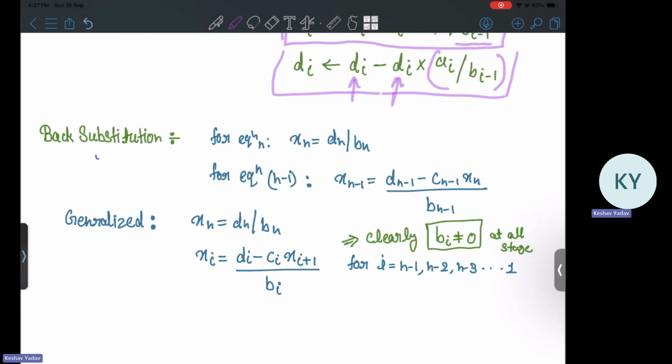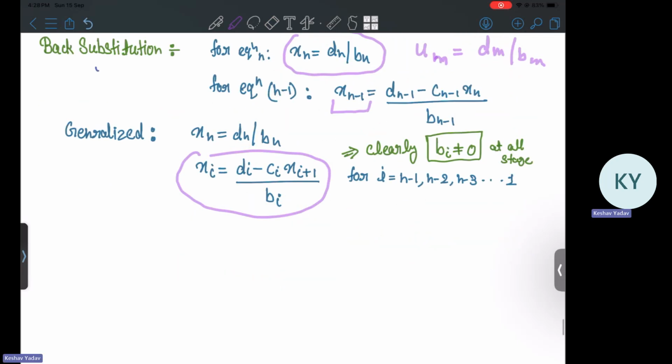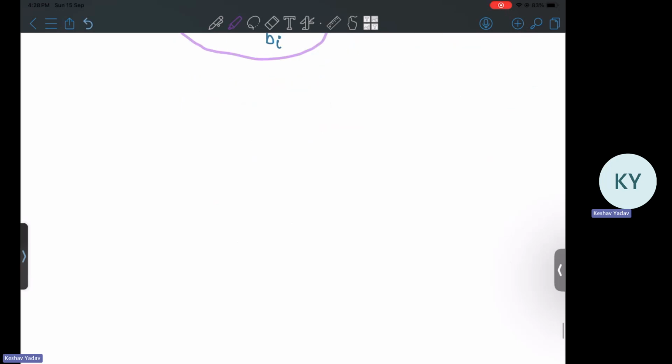In back substitution, the last unknown u_m will be equal to d_m divided by b_m. And the others, x_(n-1), will be d_(n-1) minus c_(n-1) x_n divided by b_(n-1). So in a generalized sense, this can be written as such. Now we'll use this Thomas algorithm to solve this problem.